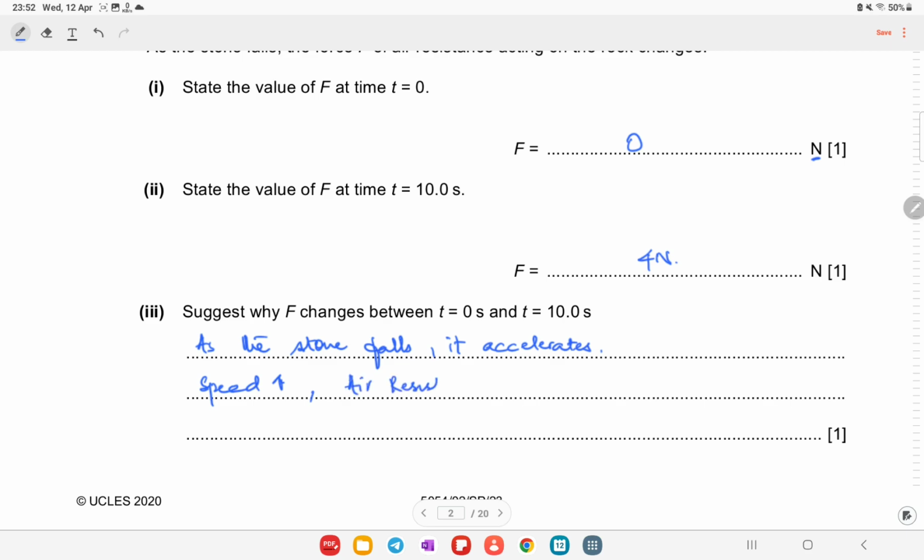Whenever the speed is increasing, obviously the amount of air resistance is also going to increase on the stone.